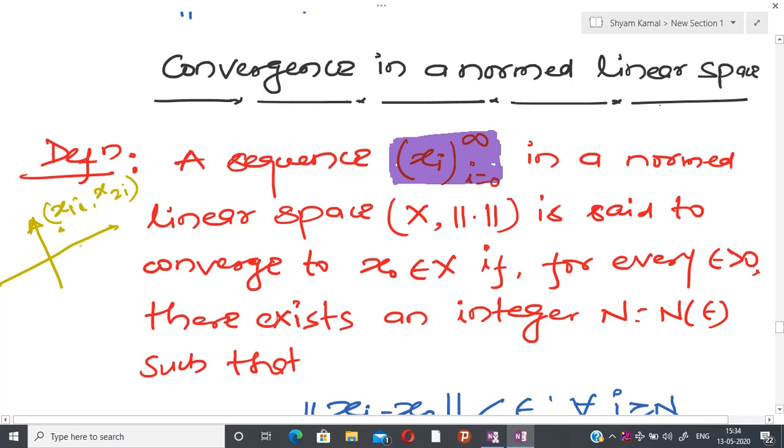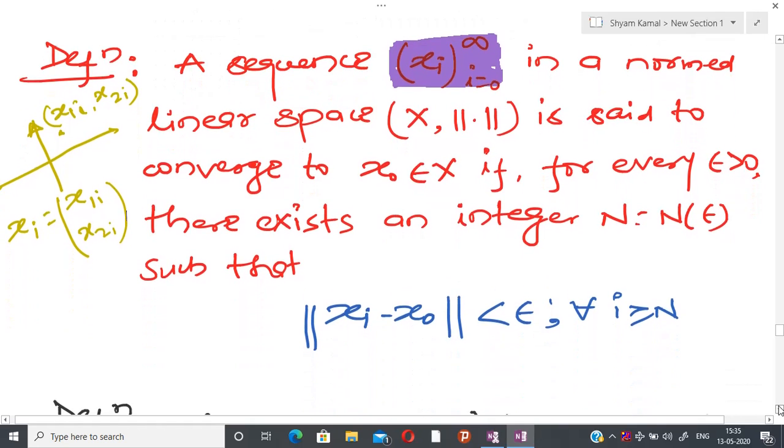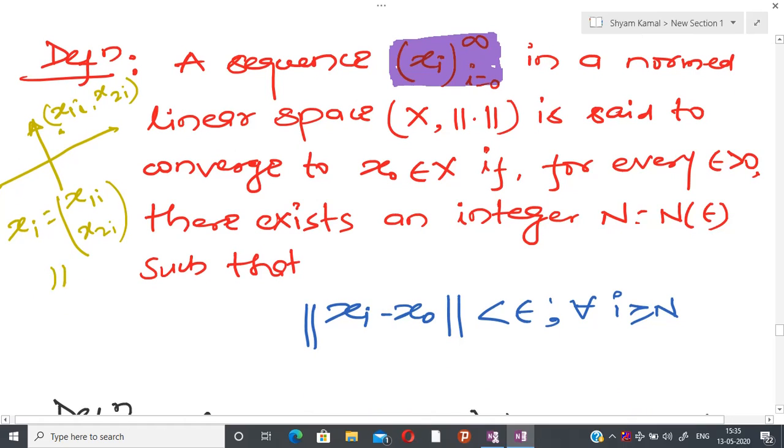So I have basically the x-axis and the y-axis, and xi is a column vector like this. Similarly, I can generalize this to n-dimensional space. If instead of 2 dimensions I have n dimensions, then xi is x1i, x2i up to xni. So this is the sequence now.